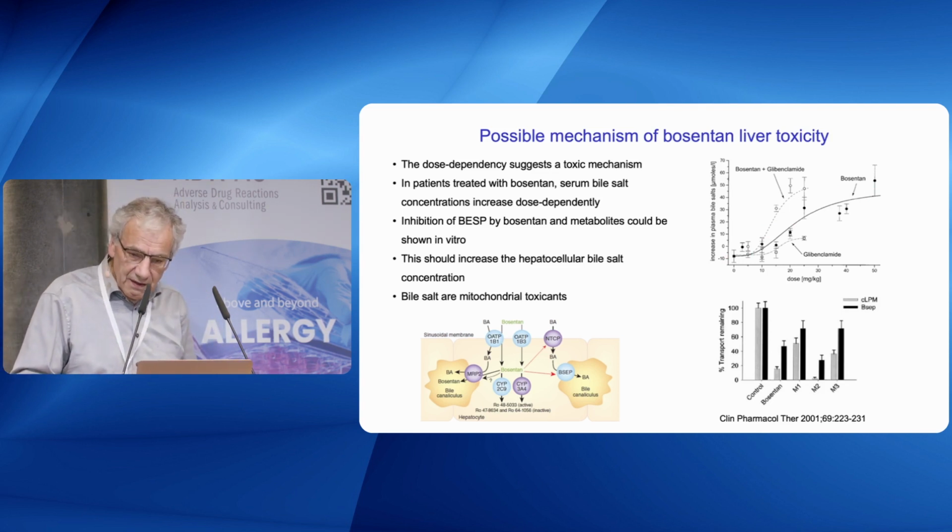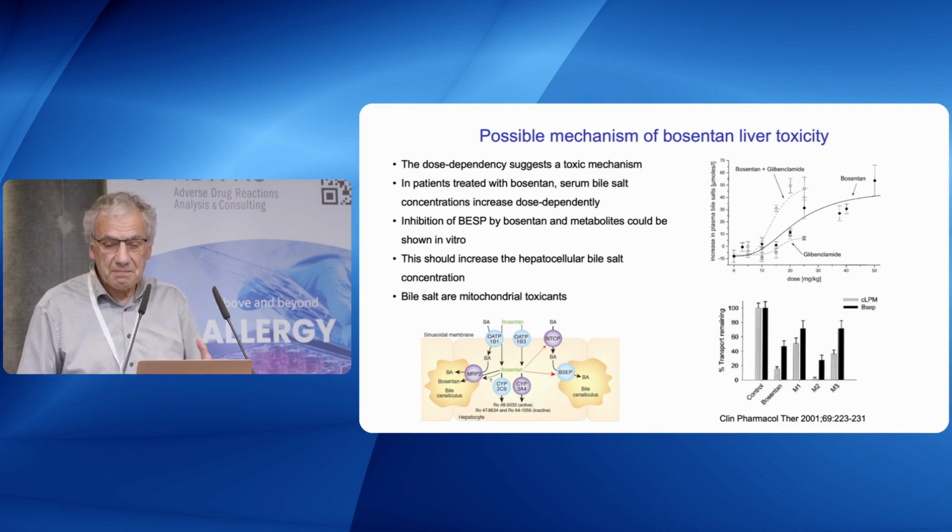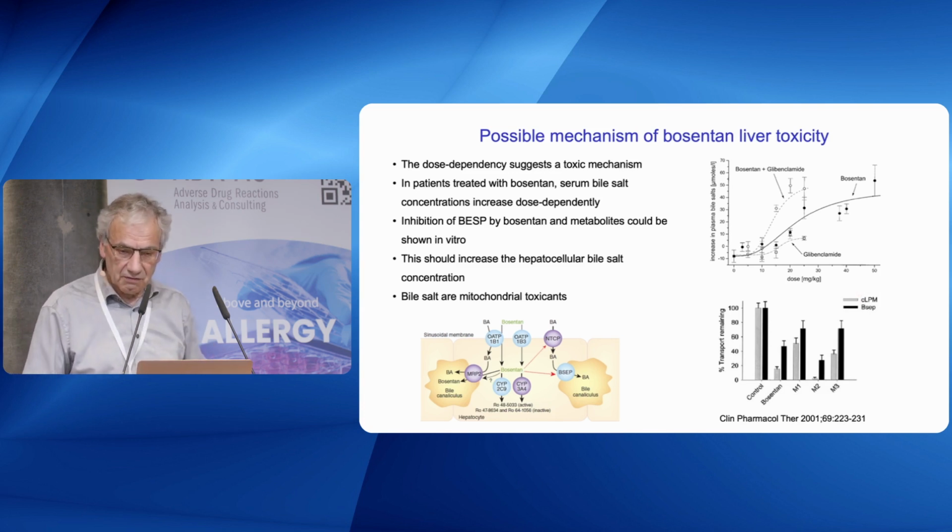And you see here how bosentan inhibits the transport of bile acids by BSEP. Here BSEP in insect cells, and here BSEP in the normal environment in vesicles isolated from the canaliculus of hepatocytes.